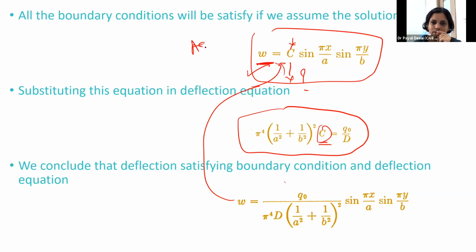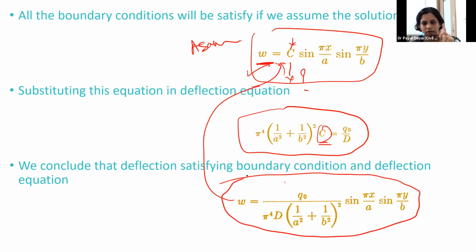This is the assumed displacement function, and with it I can find the deflection within the simply supported plate at all edges. What is the maximum deflection? That you can also find out. You can take x equal to a by 2, y equal to b by 2, the central deflection. This is sinusoidal loading, but you may vary your x and y, and this is a general deflection formula.